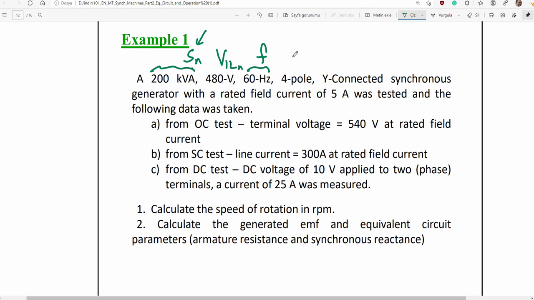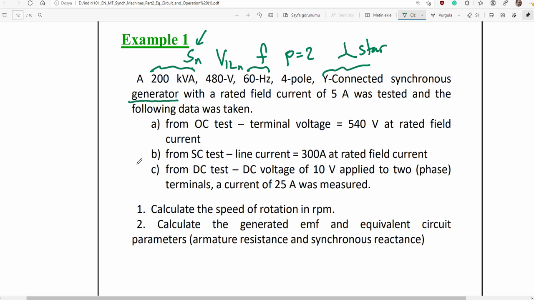Machine has 4 poles. Double pole number, there are 2 pairs of poles. Star connected, sometimes it is called Y. It looks like a star connection. Synchronous generator. Okay, that is a synchronous generator.